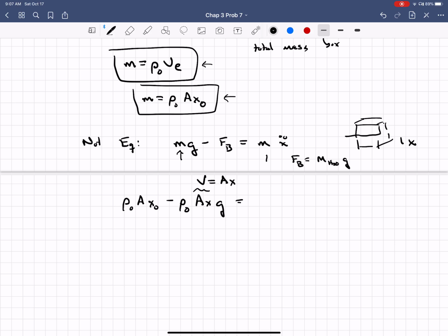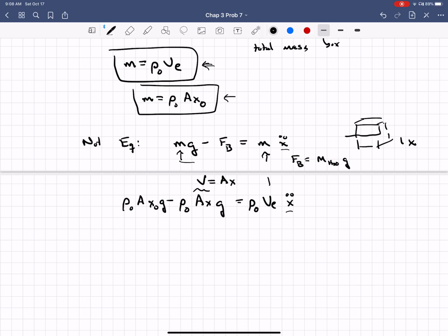And for the second m over here, I'm going to use rho 0 V E, using this other expression for the mass in terms of V E. Now, I lost a g on the first mg term, and I did something stupid: the acceleration on the right should be x double dot, which is not gravity, obviously.